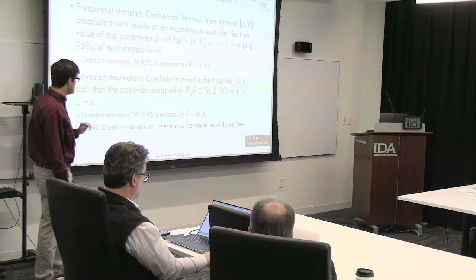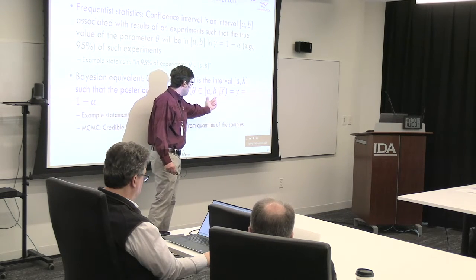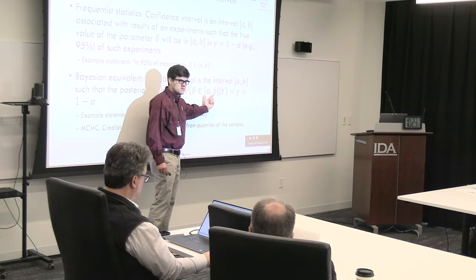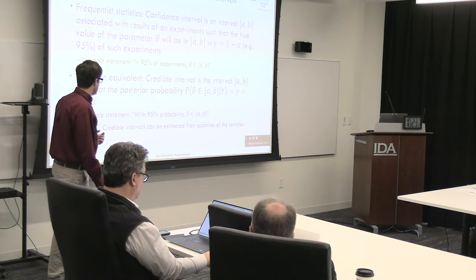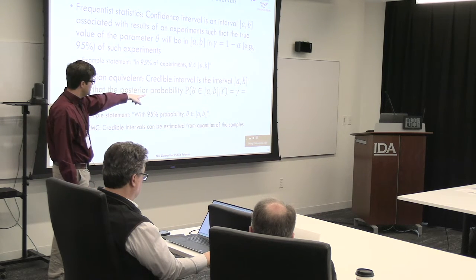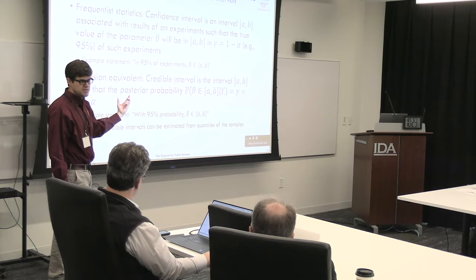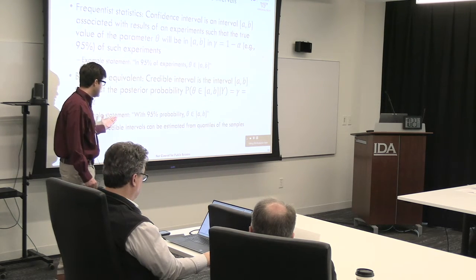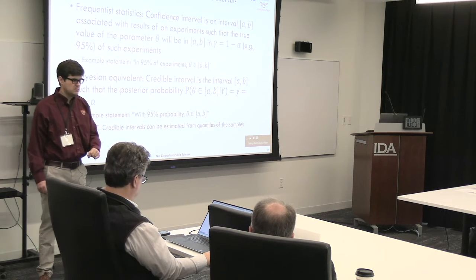In Bayesian statistics, we compute the posterior, and then if we measure that posterior on an interval, assuming a one-dimensional parameter, and the posterior measure of that interval is 95%, then we would say, with 95% probability, the parameter lives in that interval.